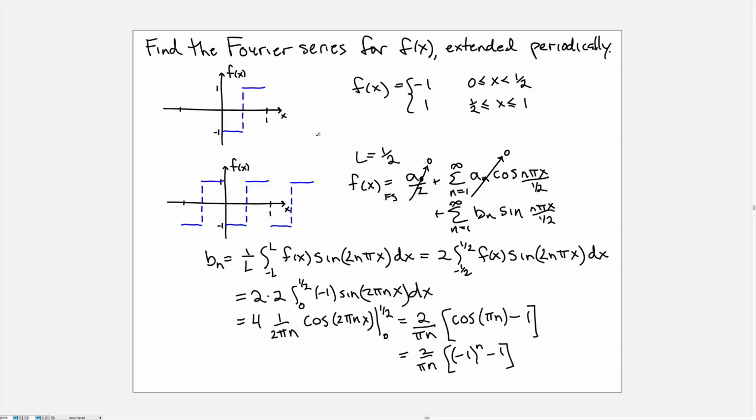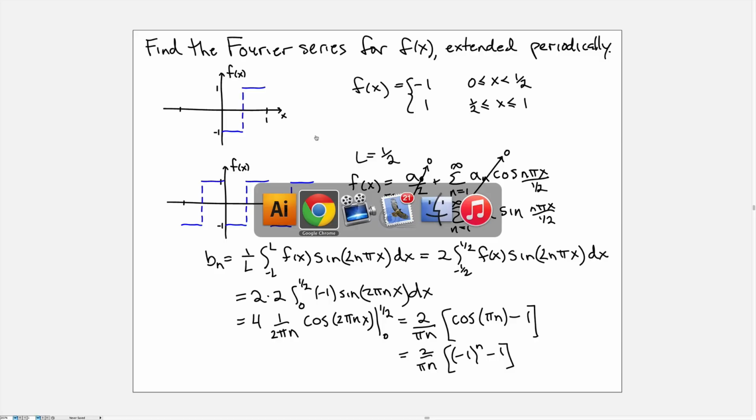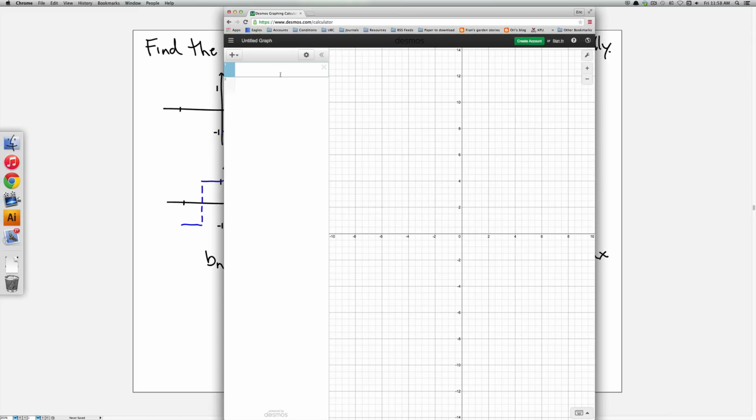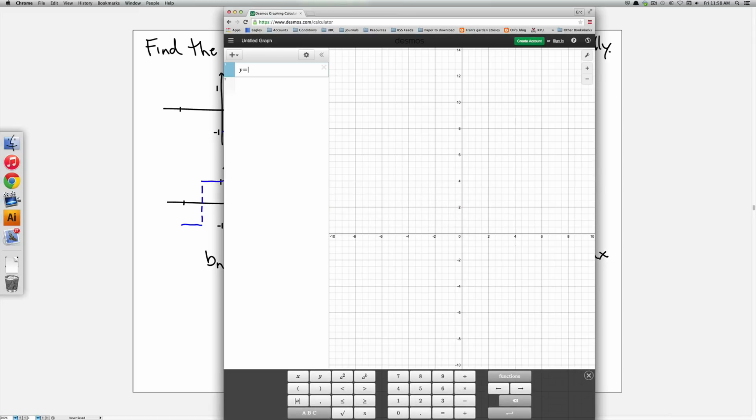Now let's try plotting this Fourier series in Desmos and see how well it approximates the function f of x that we were given. So y is equal to the sum from n equal 1 to, now I'm going to make it m, and then we'll make m large. I'll do that in a moment. And now here we need the coefficients.